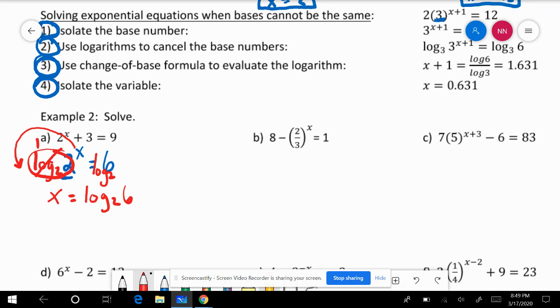Also, at the very beginning, we learned about the change of base formula, which states that the log of 6 divided by the log of 2 is the same thing as log base 2 of 6. We put that in our calculator, and what we end up with is 2.58.